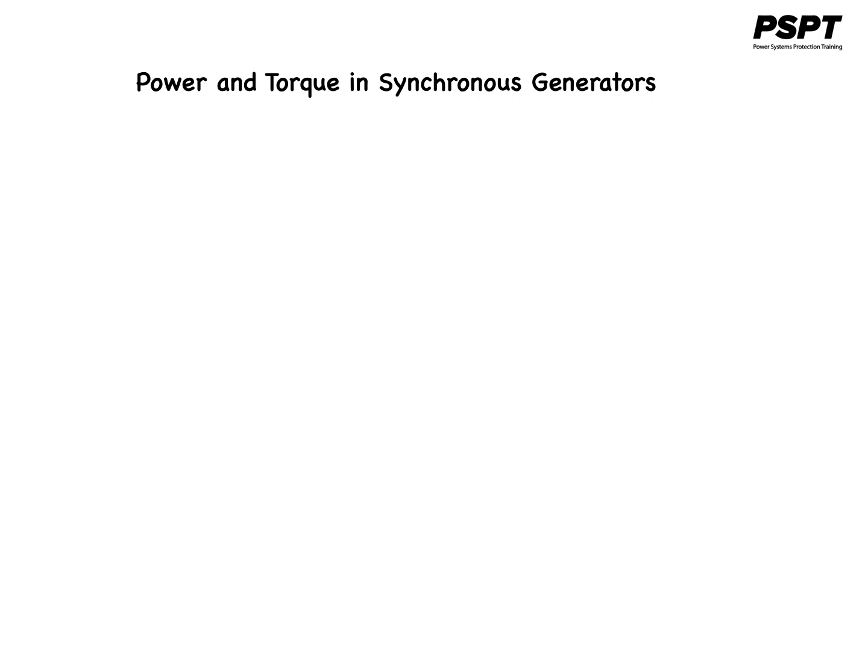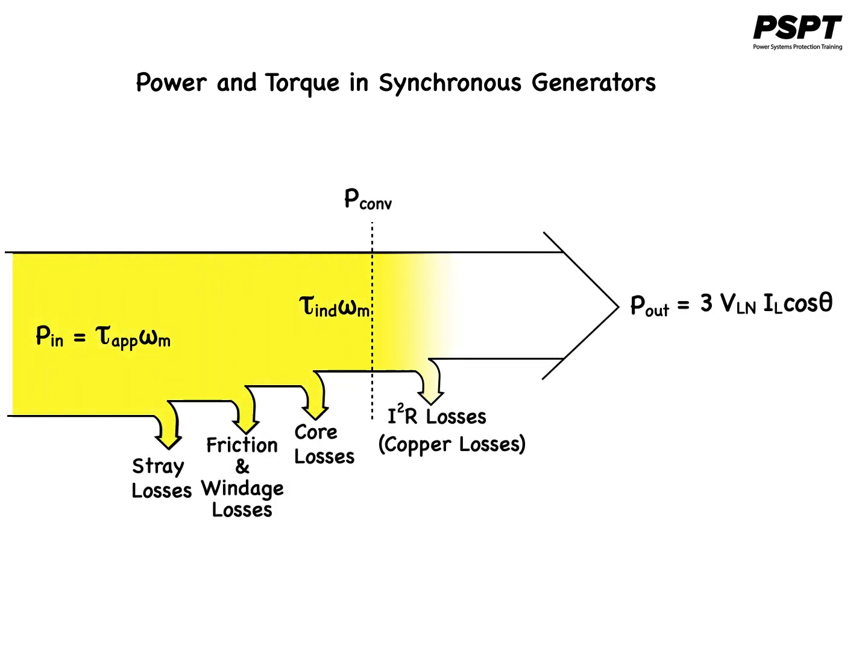The difference between the input and output power represents the losses of the machine. A power flow diagram for a synchronous generator is shown here. The input mechanical power is the shaft power in the generator.